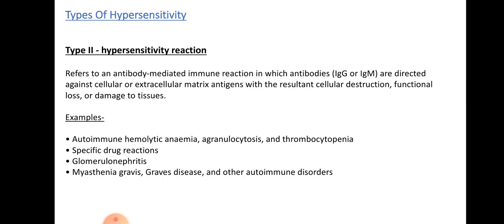Some examples are autoimmune hemolytic anemia, agranulocytosis, thrombocytopenia, specific drug reactions, myasthenia gravis, Graves' disease, and other autoimmune disorders.